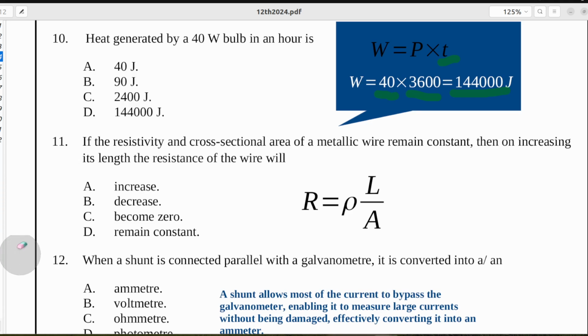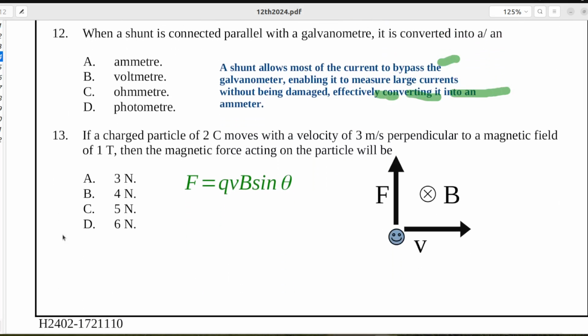Let's see question number 12. When a shunt is connected parallel with a galvanometer, it is converted into, and options are option A ammeter, option B voltmeter, option C ohm meter, option D photometer.